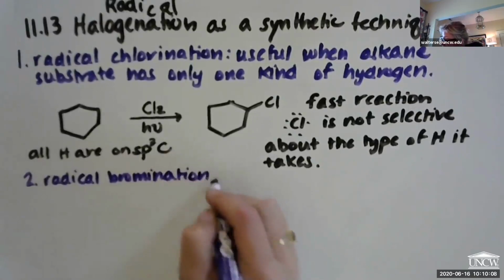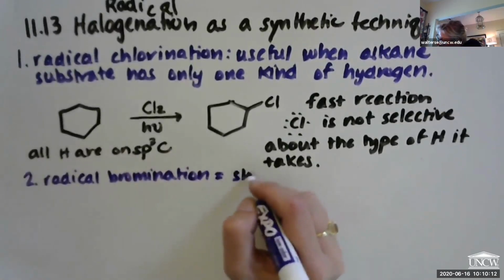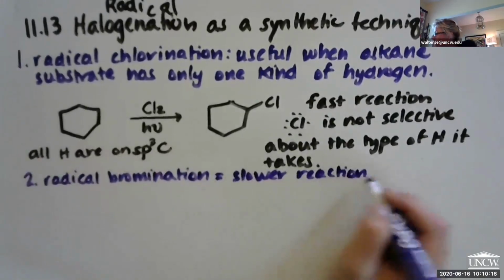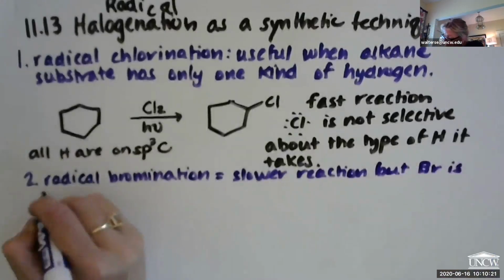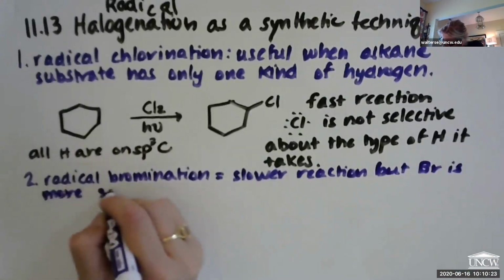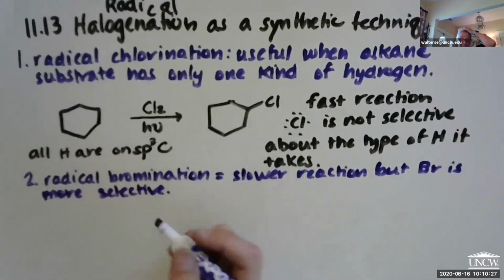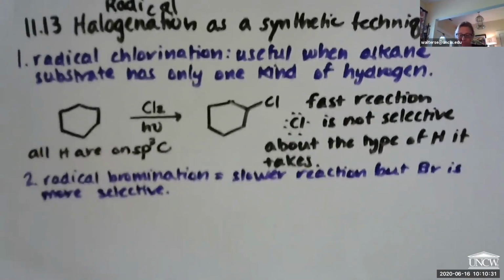And the advantage to using the radical bromination is that it's a slower reaction, but the bromine is more selective about where it's going to end up on your compound, and you end up avoiding mixtures.